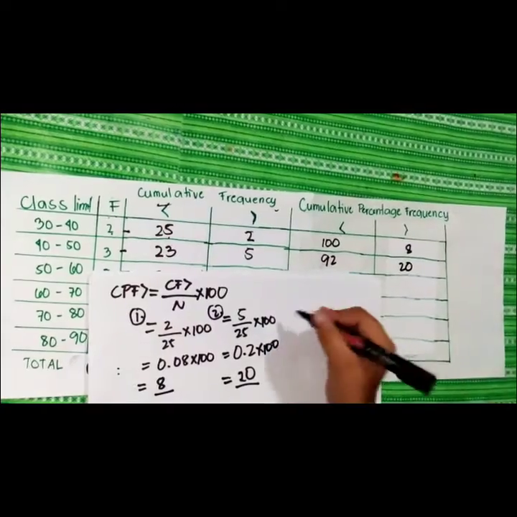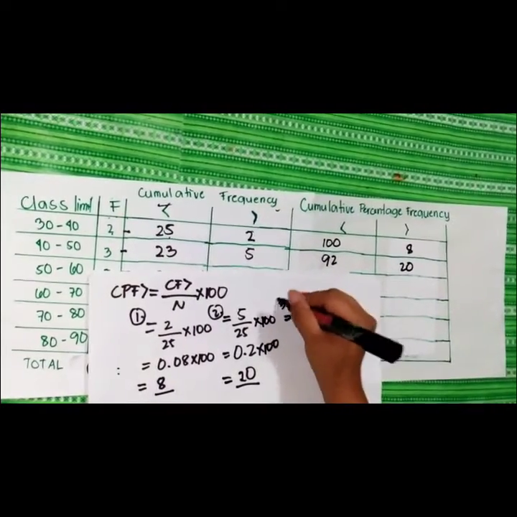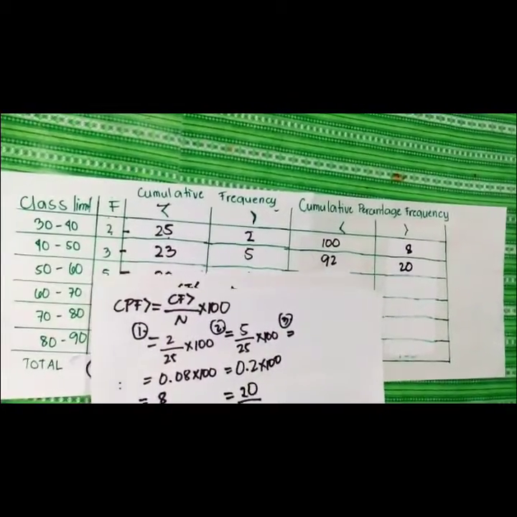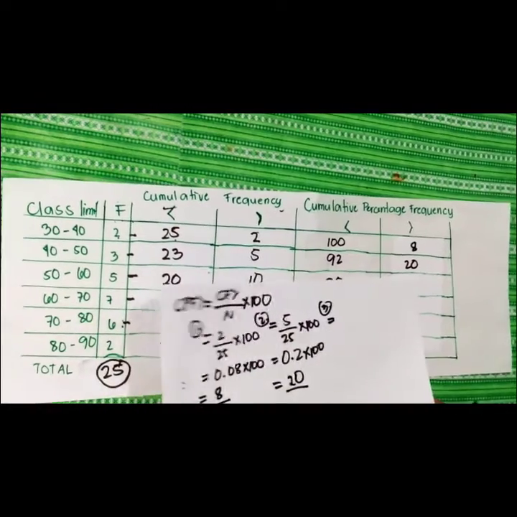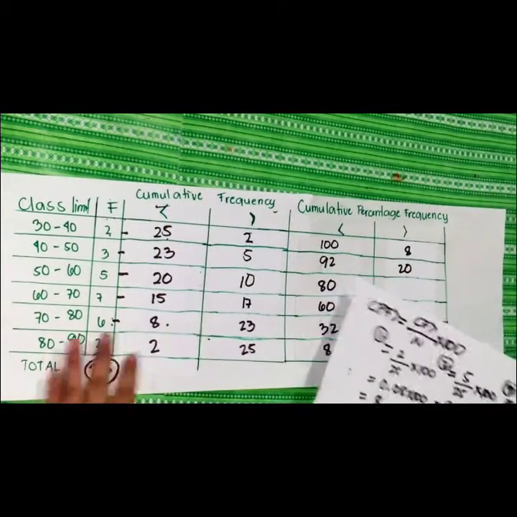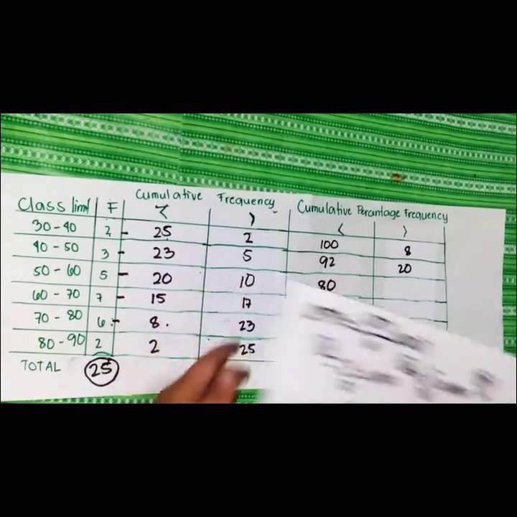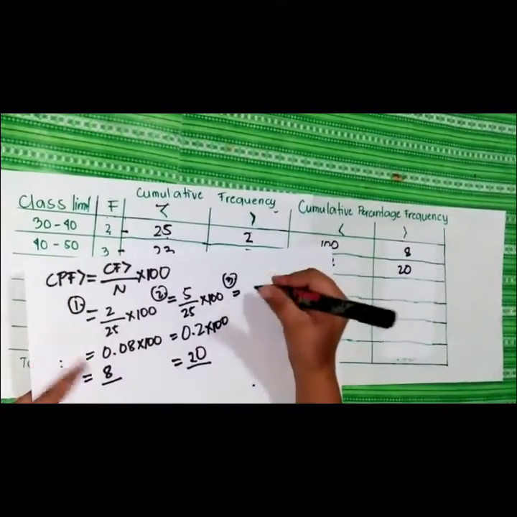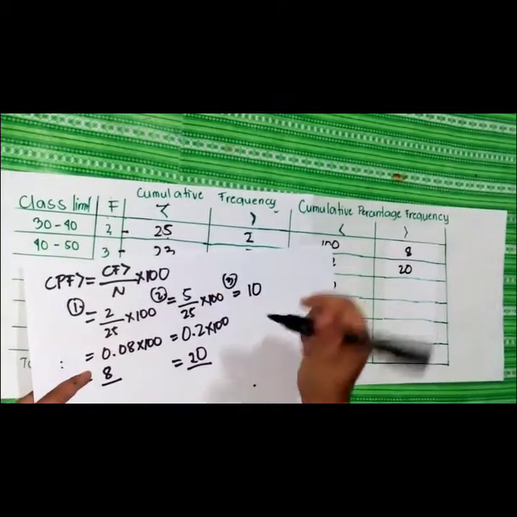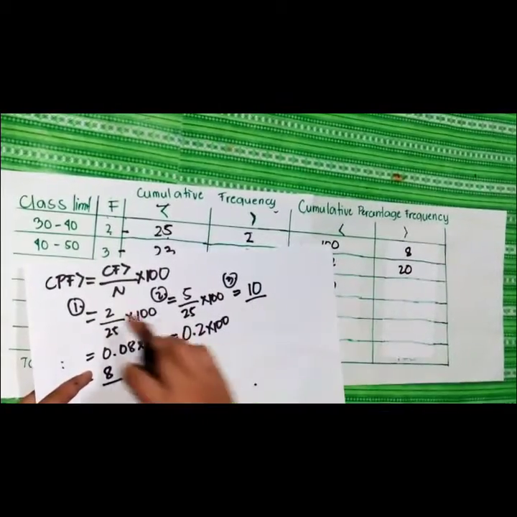So another example in the third row. So in the third row, we have a number of 10. So we are going to write 10 here, because this is our formula, the given formula.